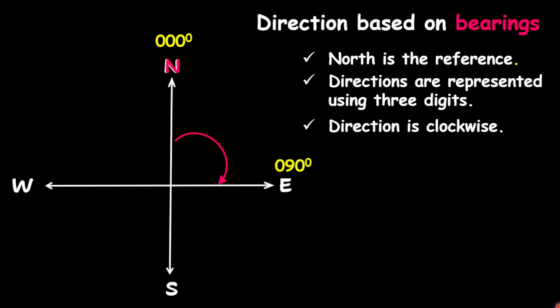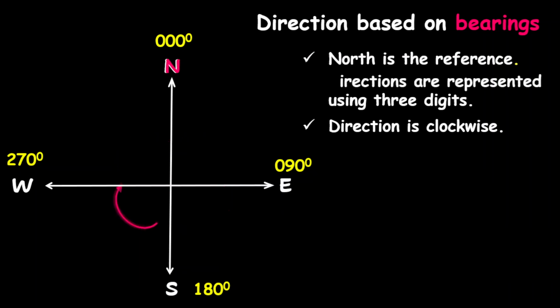So at the eastern position, it will be 090 degrees. If you go to the south from the north, it will be 180 degrees. And to the west, from the north, it is 270 degrees. And if you go all the way back to the north, it will be 360 degrees or 0 degrees.